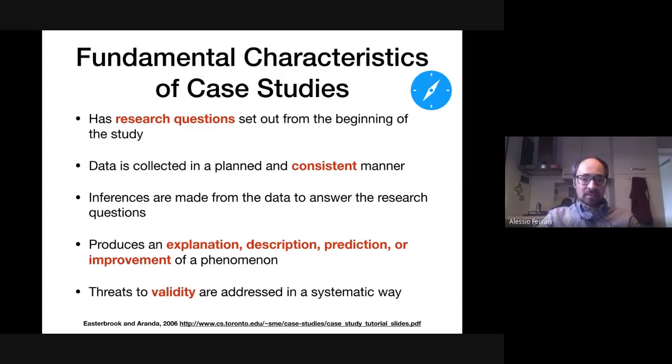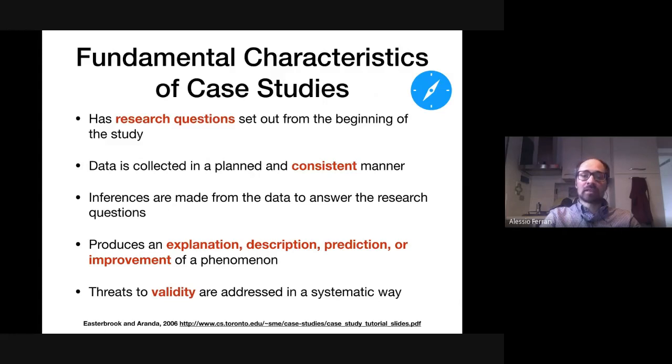Fundamental characteristics: these are the things that you should consider to recognize a case study and to build a case study. A case study has research questions that are set out from the beginning of the study, like any method that we studied. We always start with a goal and a set of research questions. Data is collected in a planned and consistent manner, so you are systematic in the way you address your case study.